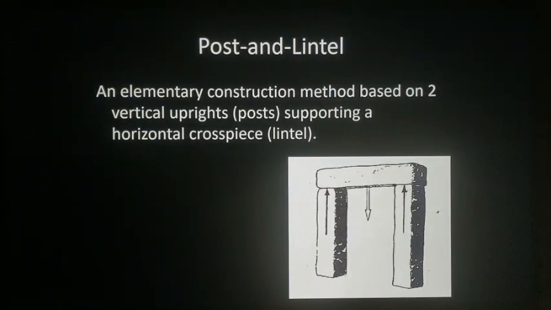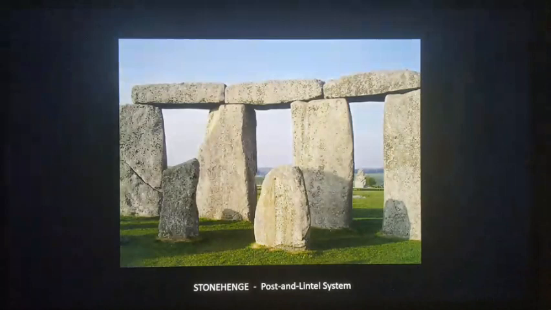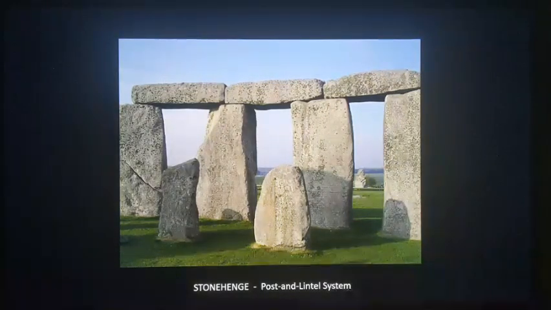And this probably looks familiar because since the beginning of the semester we've also been looking at Stonehenge, a site in England coming from the Neolithic period. Well, this is using post and lintel, as you can see here. We've got vertical posts and then horizontal beams that are added, those lintels on top. So with this in mind, Stonehenge was not a structure that had a roof.